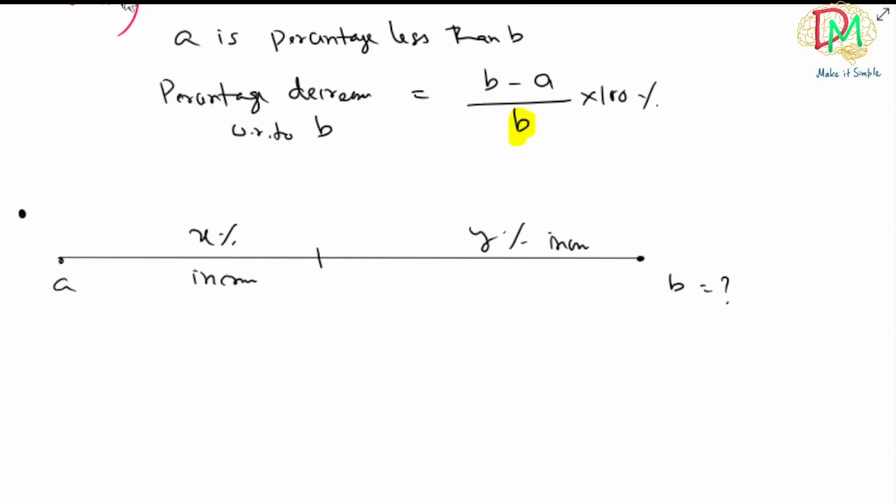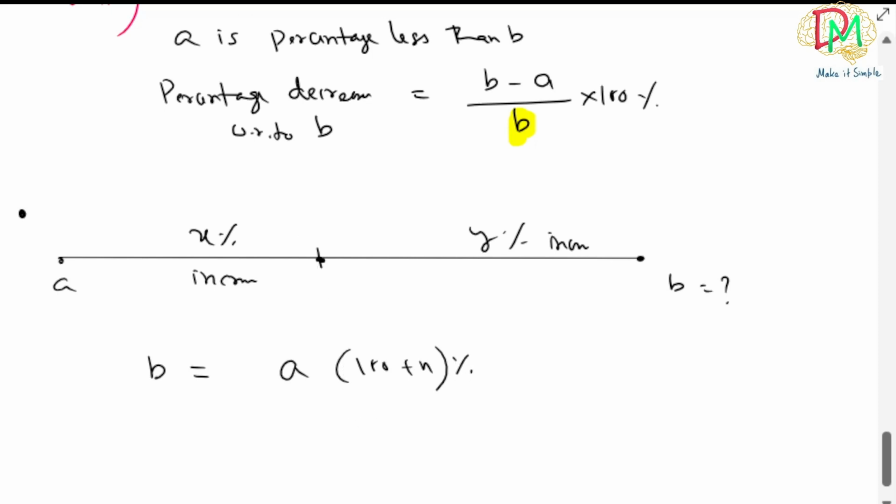Now we learn how to solve the multiple times increase or decrease problem. If the initial number A increases by x percentage first and then by y percentage again, what will be the final value B? Here we apply the first increase, then multiply with the second increase. So B will be A into 100 plus x percentage.